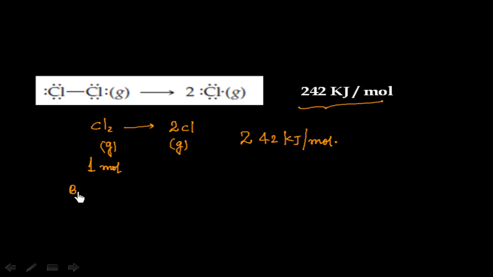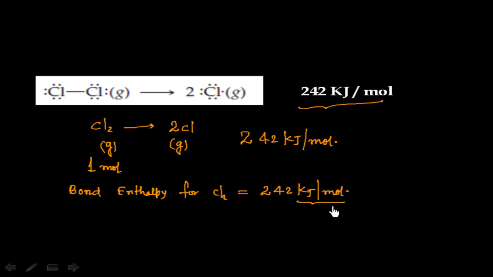Bond enthalpy has a unit of kilojoule per mole, or it can also be written as kilocalorie per mole.